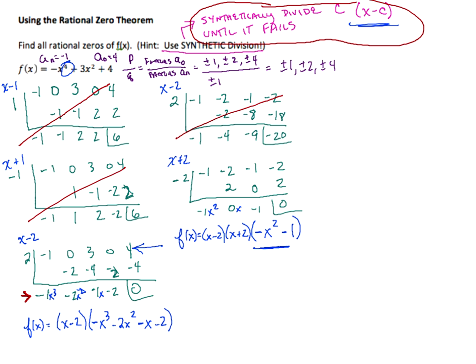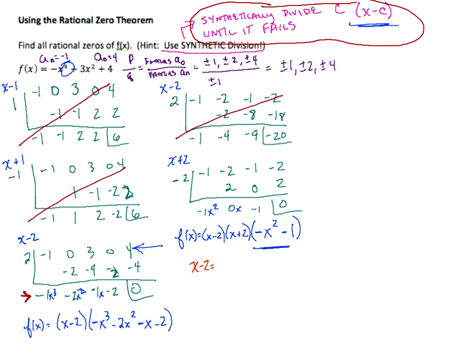Instead of continuing with synthetic division to check for -2 and for 4 and -4, since it's down to a quadratic, I'm going to finish it off with the zero product property.